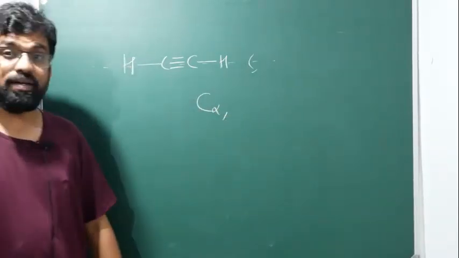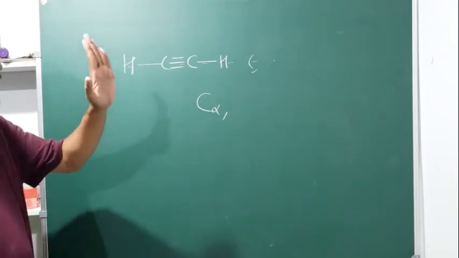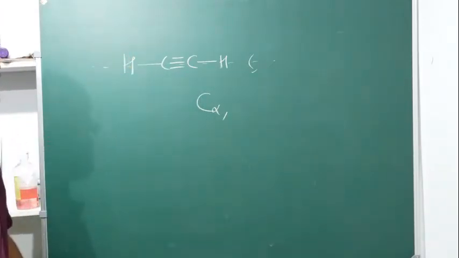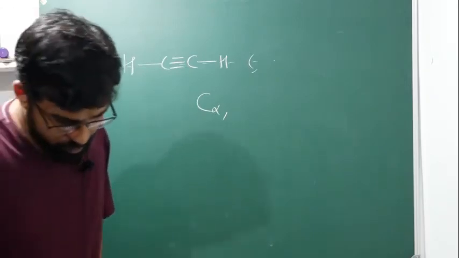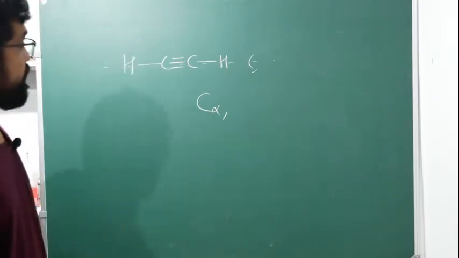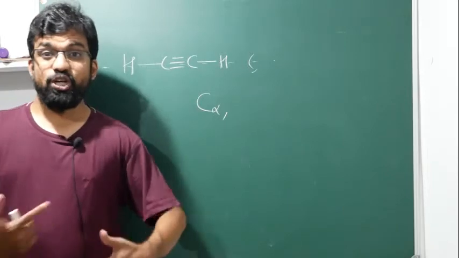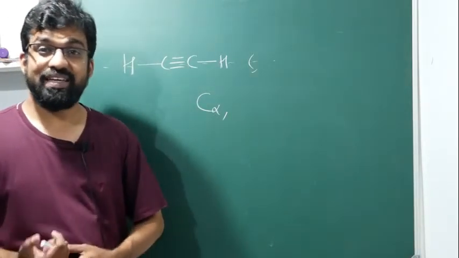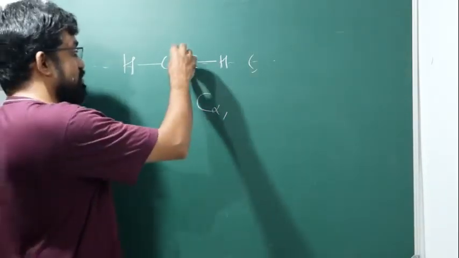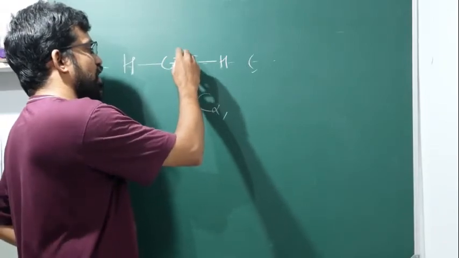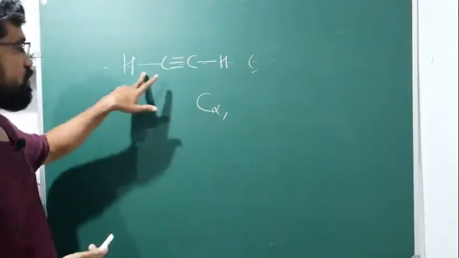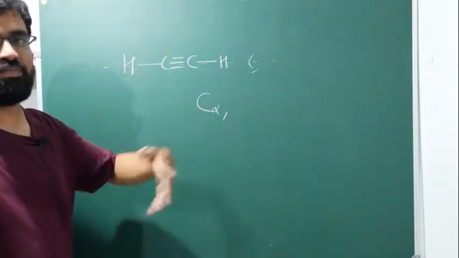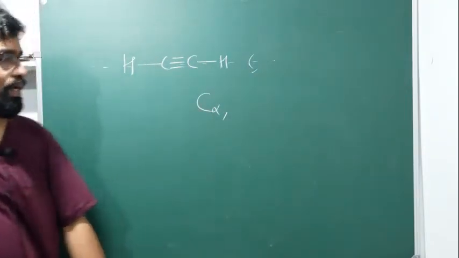And what else do they have? A C2 axis is there. Here you see, you can also have infinite C2 axes, because this is in both directions.